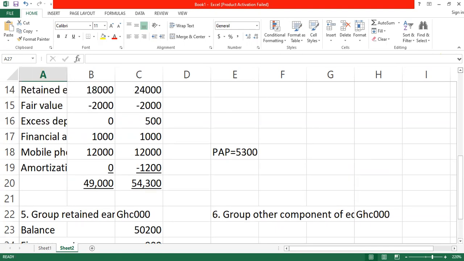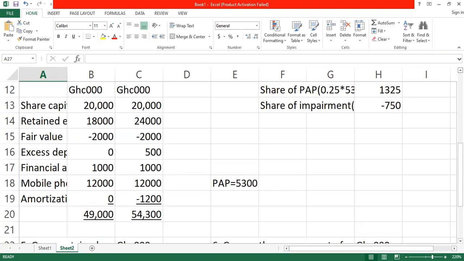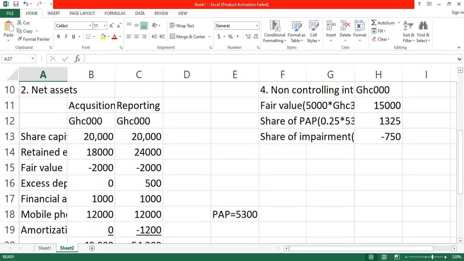Yeah. What is the portion of that relating to the NCI? We are using the fair value of the NCI. 15,000. So 15,000 out of the 49,000 relates to the NCI.